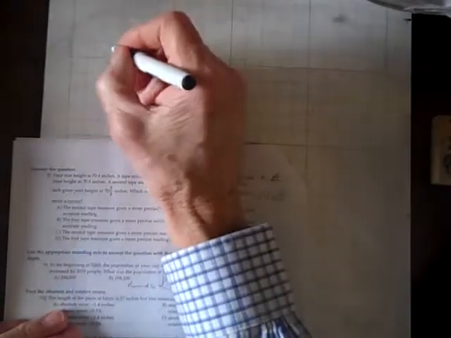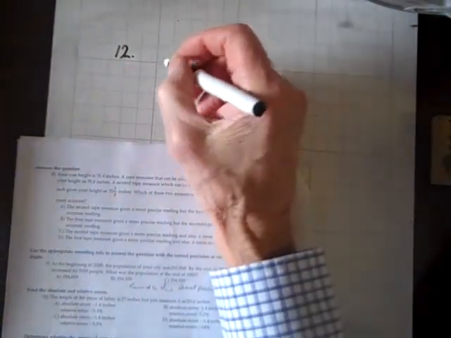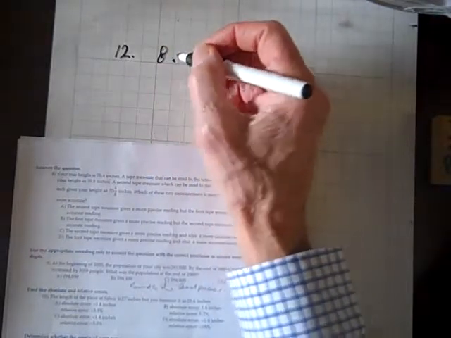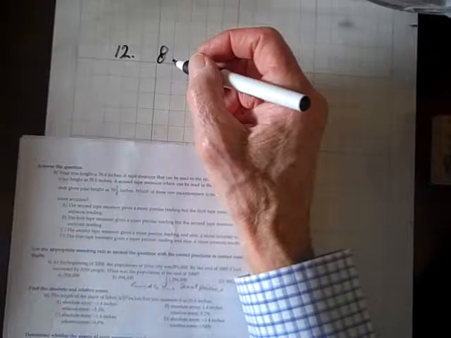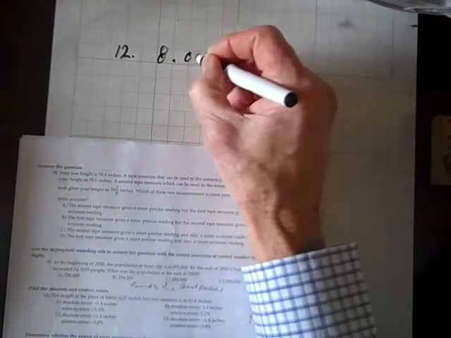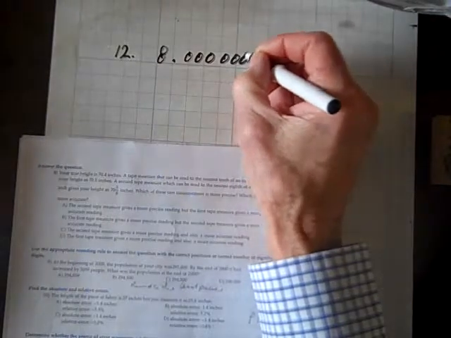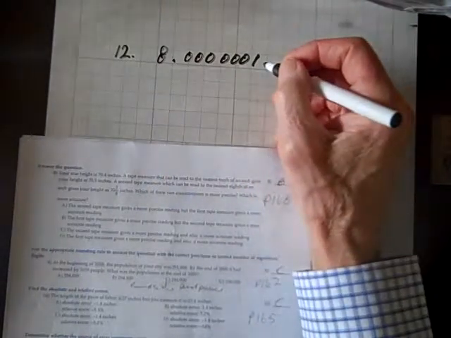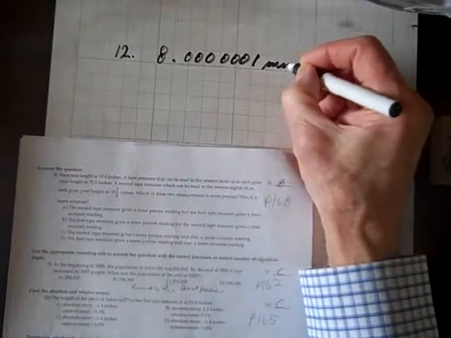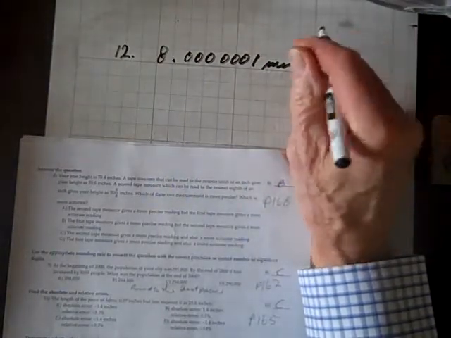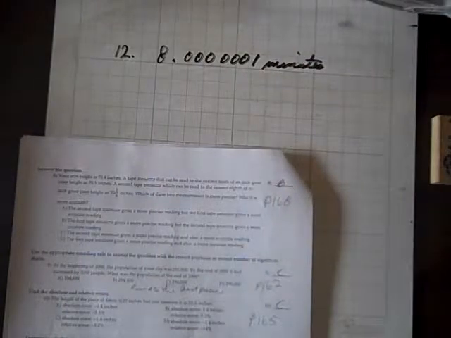Finally, number 12. We have this value. In fact, let me write that down. So this is 12, and we've got a value of 8 point, and I've got 1, 2, 3, 4, 5, 6, 1, 2, 3, 4, 5, 6, and finally a 1 minutes. And the question is, state the number of significant digits and the implied precision of the given number.